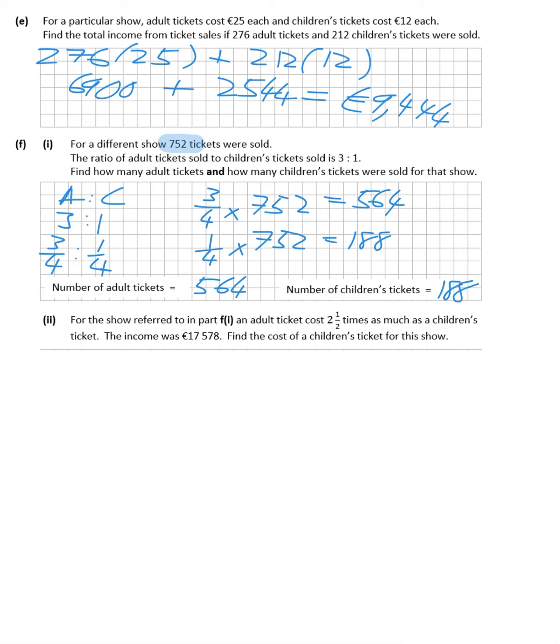Okay, so last part then. For the show referred to in F part 1, an adult ticket costs 2.5 times as much as a children's ticket. The income was 17,578, and we need to find the cost of a children's ticket for this show. Okay, so I'll call the children's ticket x.